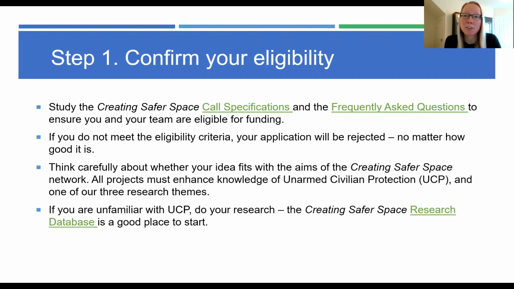To find out about what existing research is available on this topic, the Creating Safer Space research database is a very good place to start, but unfortunately it's currently down for technical issues, but we are very much hoping that these will be resolved as soon as possible.